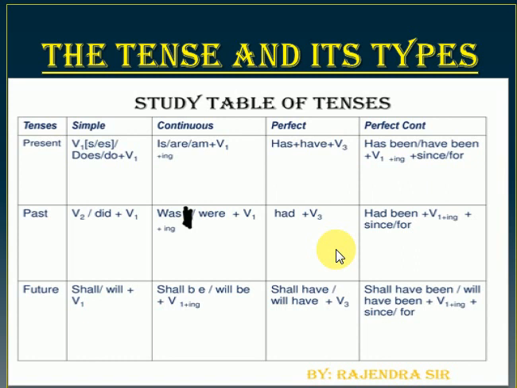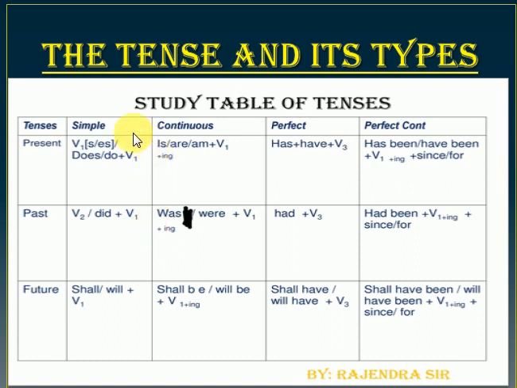But whenever you are going to learn the tenses, you must know how to identify which tense and which type it is. For that, you have to keep in mind, especially the verb and the auxiliary verb. The verb is, I can say, easy to remember because if you see this table in front of you, tenses are of three types: present, past, future.